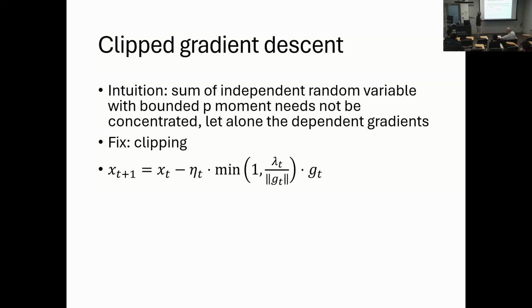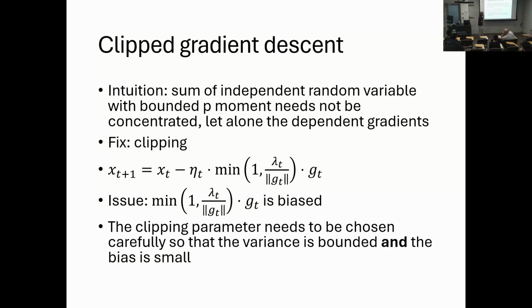The problem with this clipping is that it introduces some bias. So you avoid the problem with the noise, but you do introduce some bias. You would have to be a bit careful in choosing the clipping parameters, so that you simultaneously have a bounded variance, but also the bias is not too big due to your clipping, right?